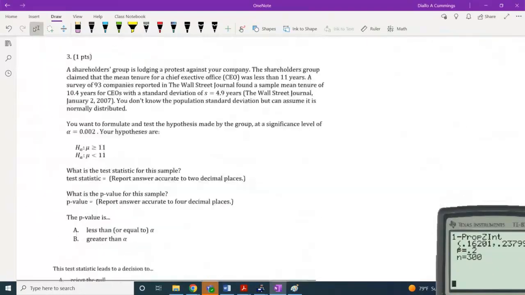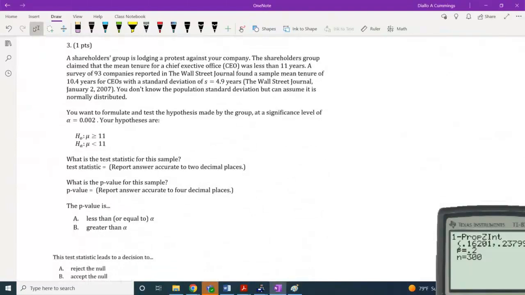All right, here is number 3, and this deals with the hypothesis test. It says a shareholders group is lodging a protest against your company. The shareholders group claimed that the mean tenure for a CEO was less than 11 years.